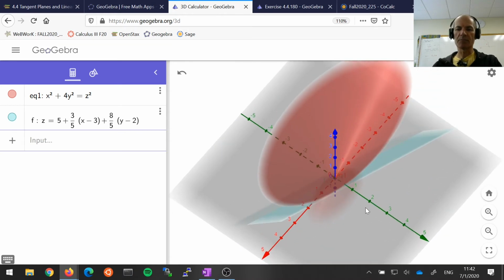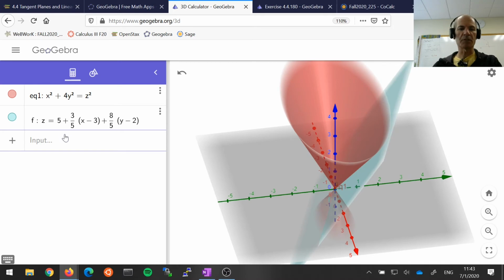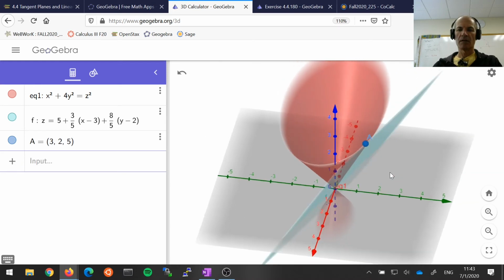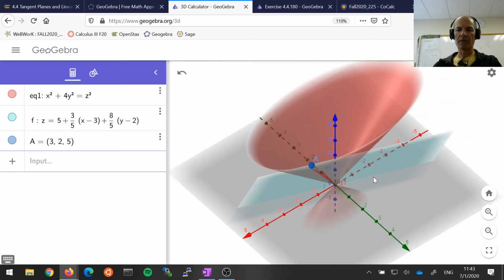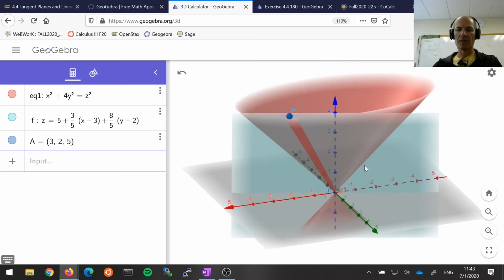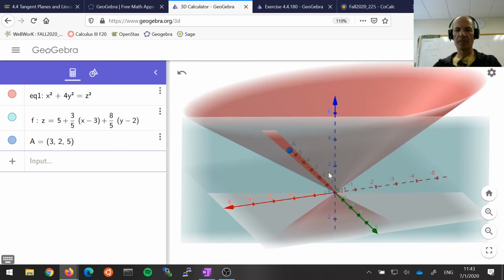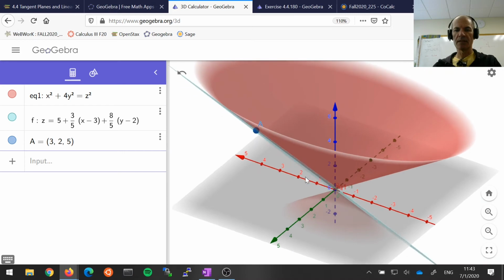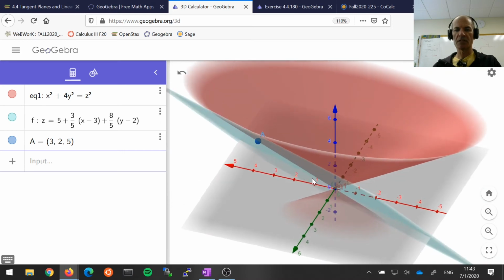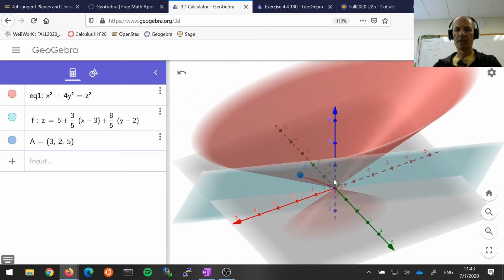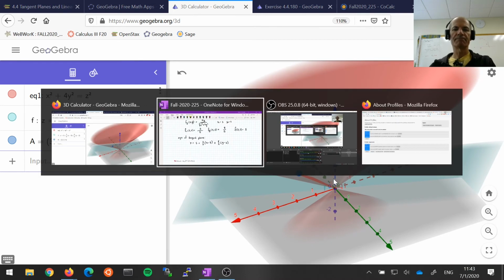Definitely looks like it's tangent to something here. Let's put the point on there. So the point is going to be (3, 2, 5). And there it is, sitting on the surface. I could probably scale this down a little bit. And this plane is just touching it there. So it looks like it holds water.